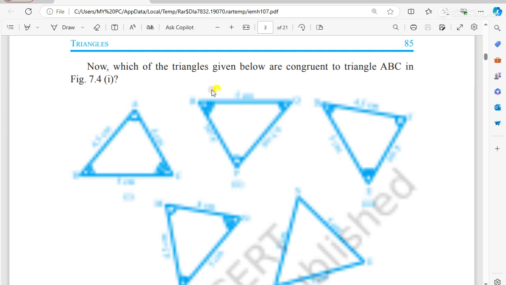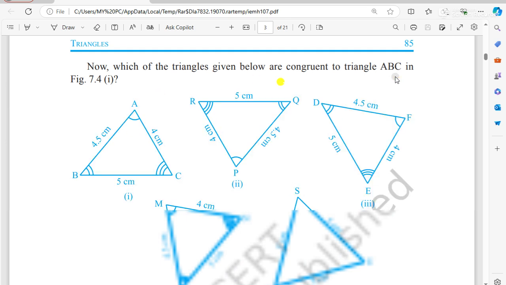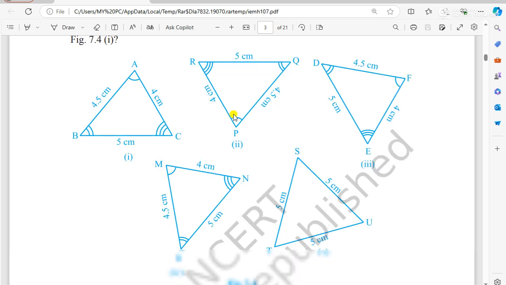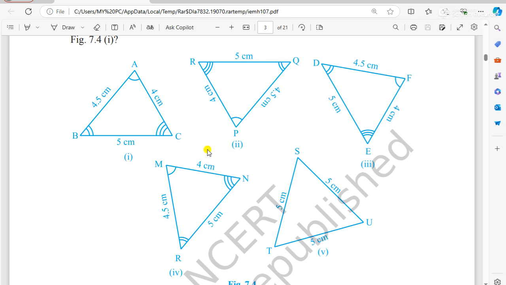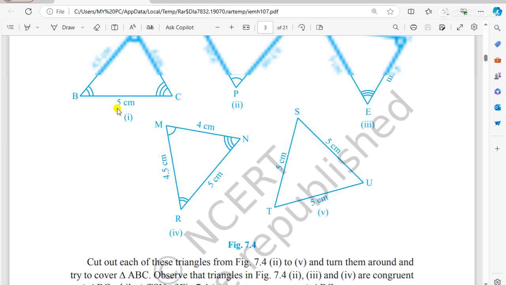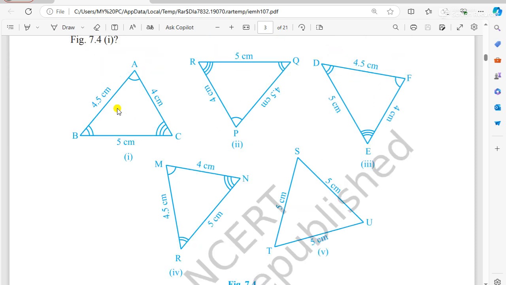Which of the triangles given below are congruent to triangle ABC in figure 7.41? You can see here. We will see which ones have corresponding sides equal and corresponding angles equal. Only then can you say they are congruent to each other. Suppose we compare this one, right, this is 4.5, this is 4 and this is 5 centimeter.